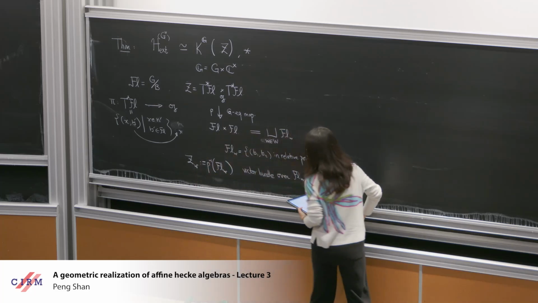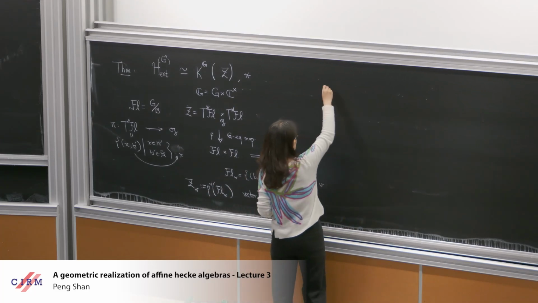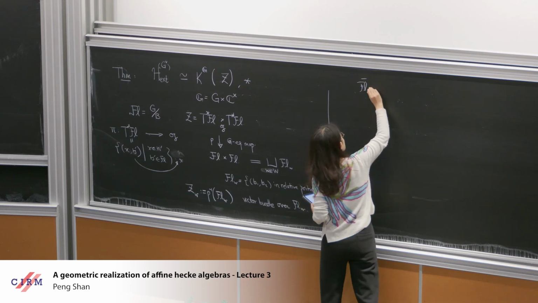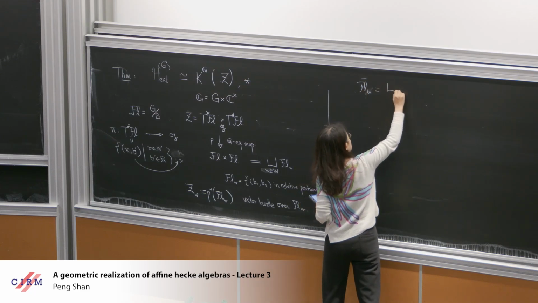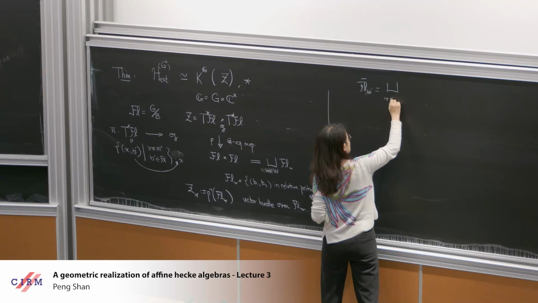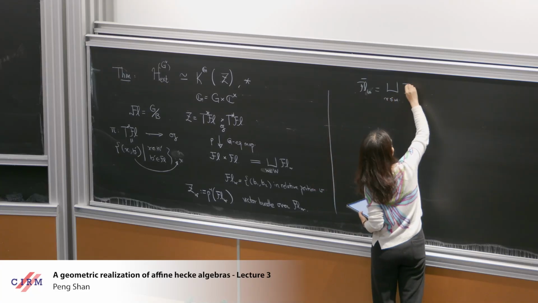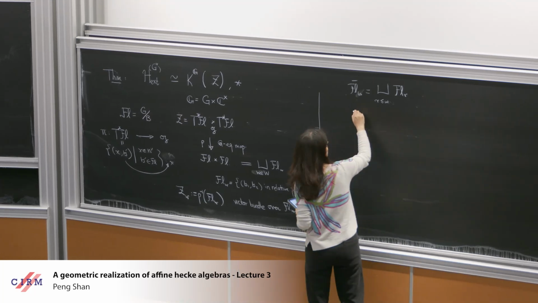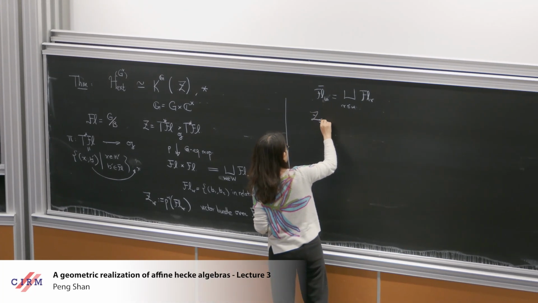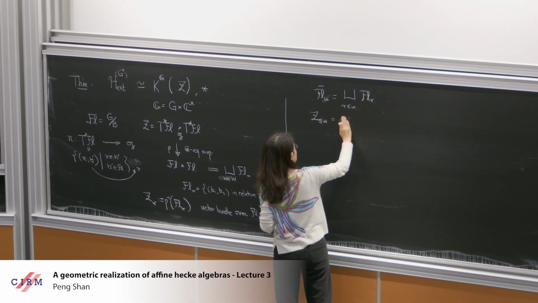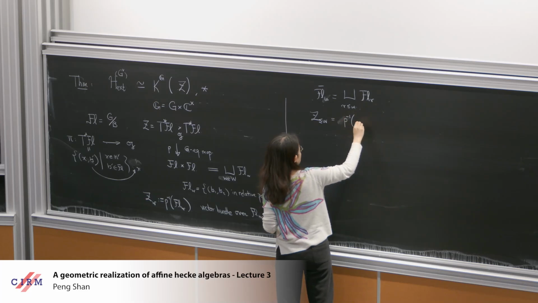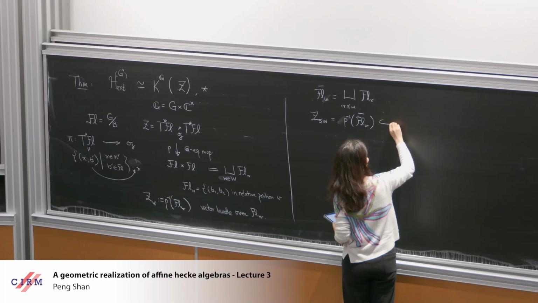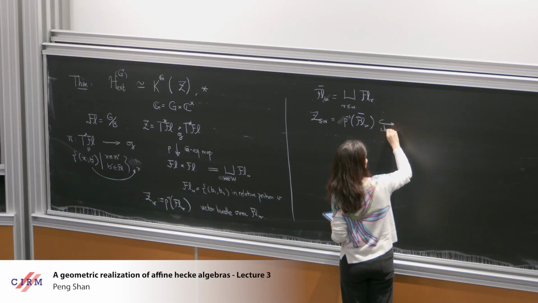Okay, and so moreover, since the closure of Fl_w is the union of the smaller orbits, elements smaller or equal to w in the Bruhat order, if we denote Z_{≤w} to be P inverse of this closure, this is a closed subvariety in Z.